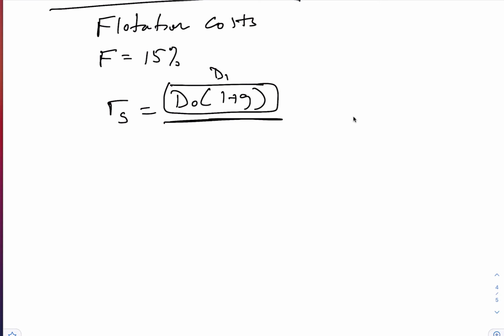Remember, we did the price, but this time we're going to subtract out that flotation cost. So this ultimately results in proceeds that are only 85% of the actual price, given that flotation costs are 15%. And then we need to add the G here.